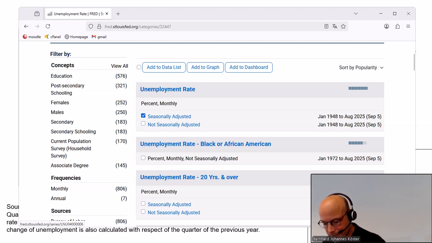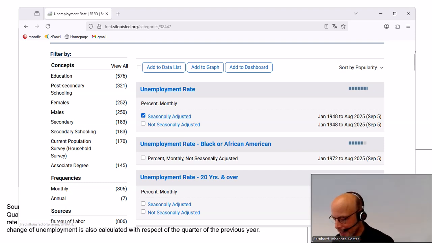Therefore, I only get the monthly data. Of course, by hand, I can create the quarterly data out of it by just adding up the unemployment rate 3 times and dividing it by 3. But doing this by hand for a time series starting in 1984 takes you half a day.